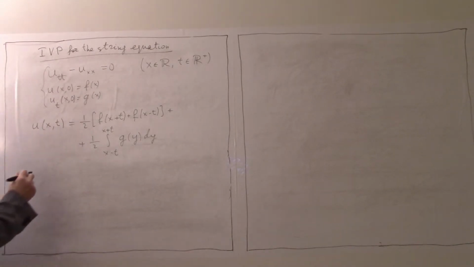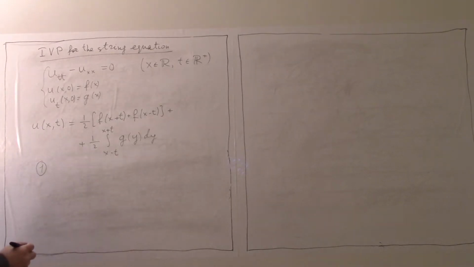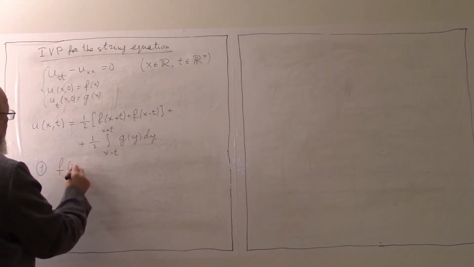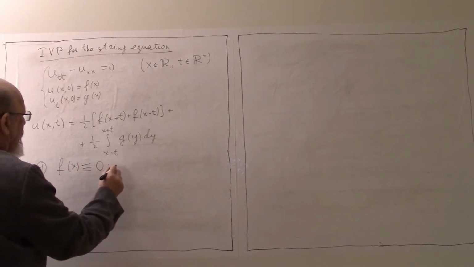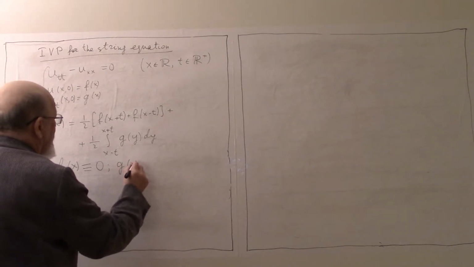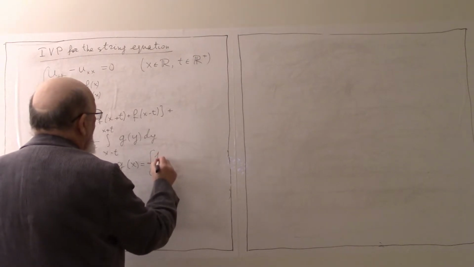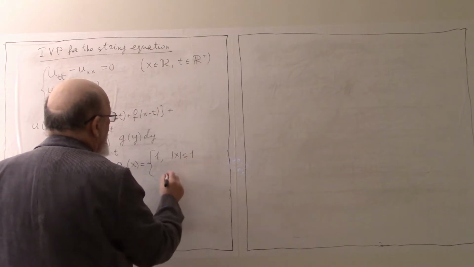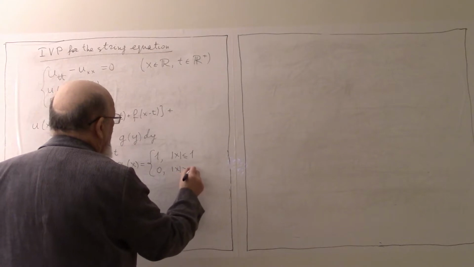So consider the first problem, rather simple. Suppose we have the following: f(x) is identically 0, g(x) equals 1 when the modulus of x is less than or equal to 1, and 0 when the modulus of x is more than 1.